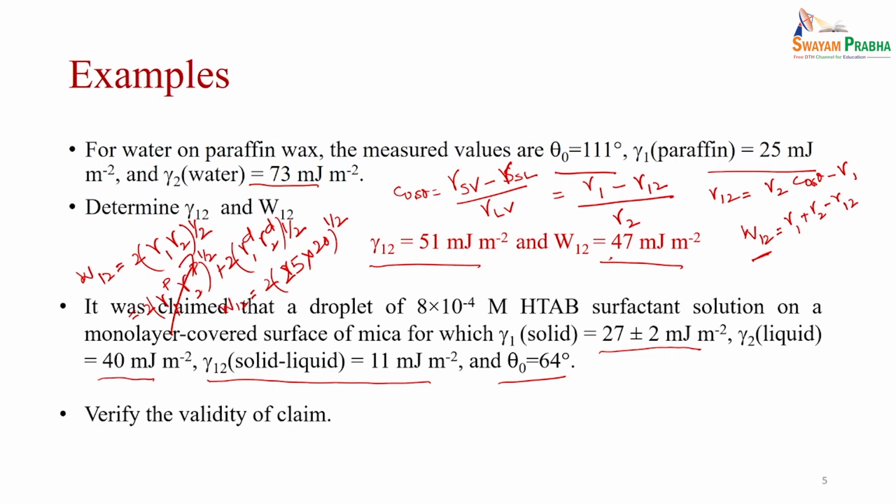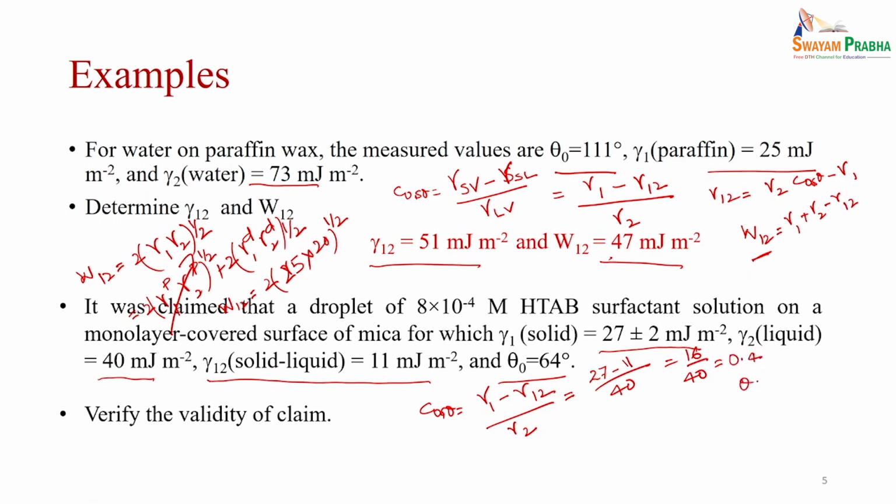So, the simple step will be you calculate cos theta, which will be gamma 1 minus gamma 12 divided by gamma 2 using Young's equation. This value will be 27 minus 11 divided by 40. So, this will be 16 divided by 40, which comes out to be 0.4.